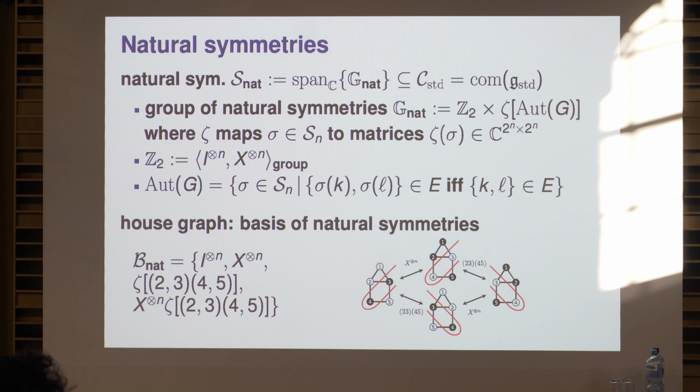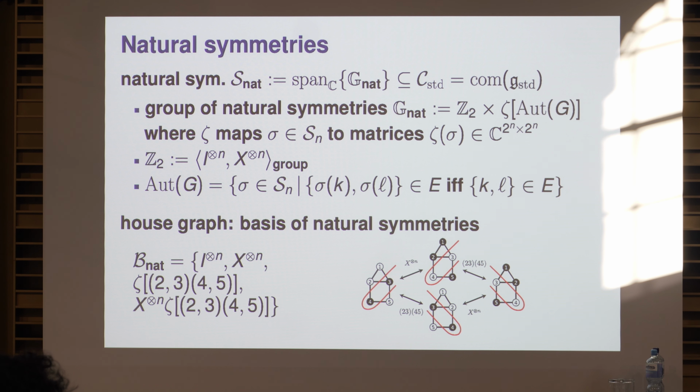And then we had also the identity and X tensor n. These are also symmetries, which are quite natural, and they appear in all of the examples. Therefore, we built this, yes, I should explain what this zeta is. This maps a permutation to the corresponding action on the Hilbert space, on the exponentially large Hilbert space.